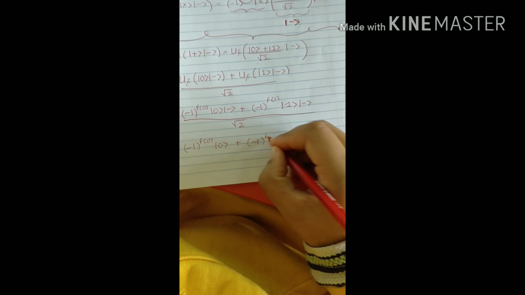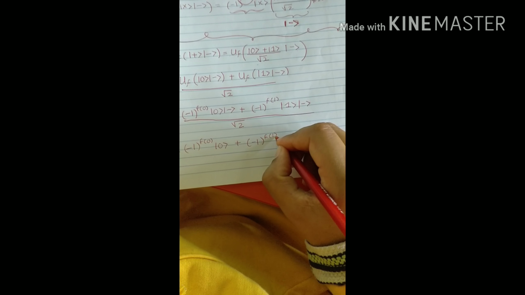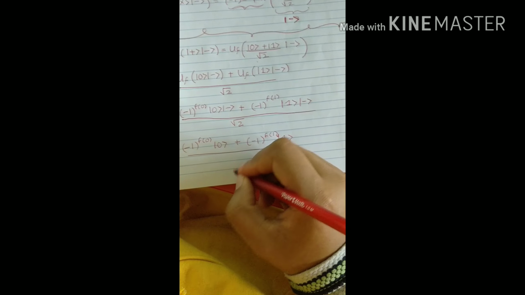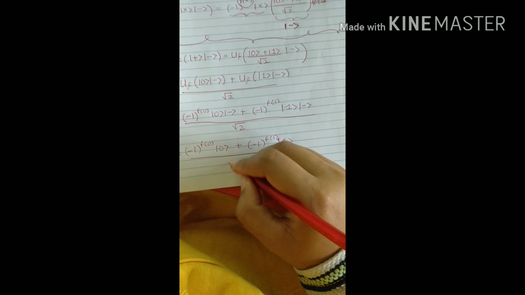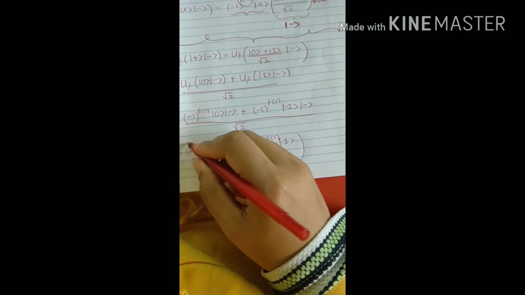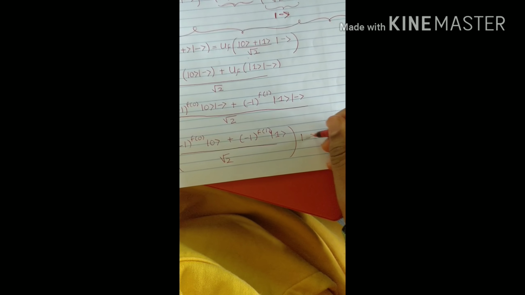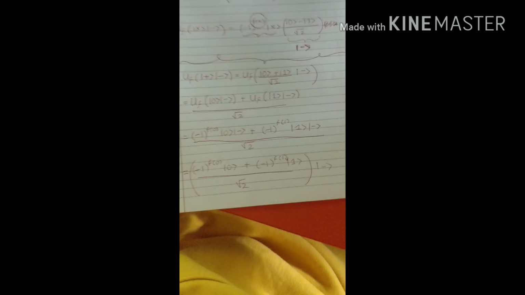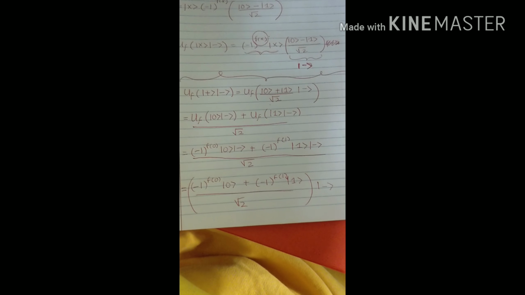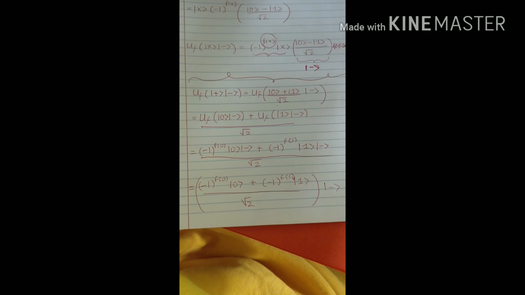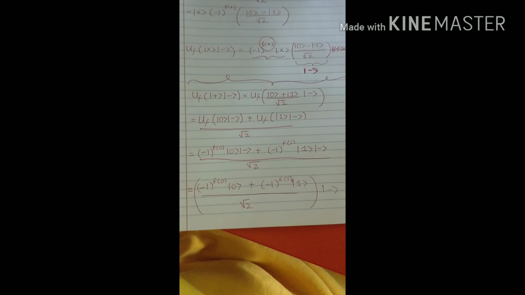And we'll factor out the minus, all over root 2. Okay. And so by combining the phase kickback and quantum parallelism, we've managed to get an expression that contains both f of 0 and f of 1 in the top register of the quantum oracle. So it's in a single register.